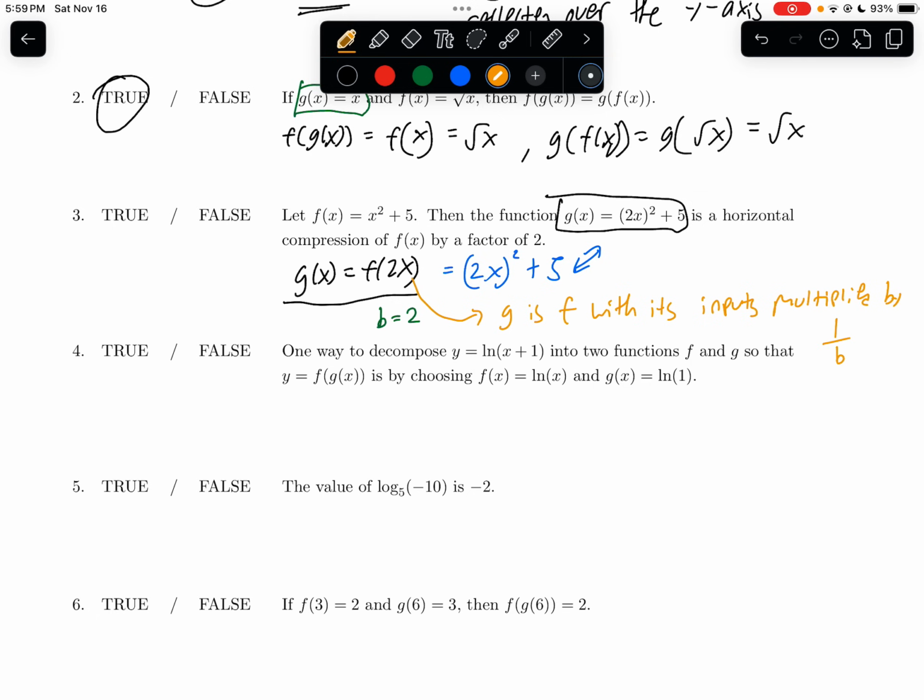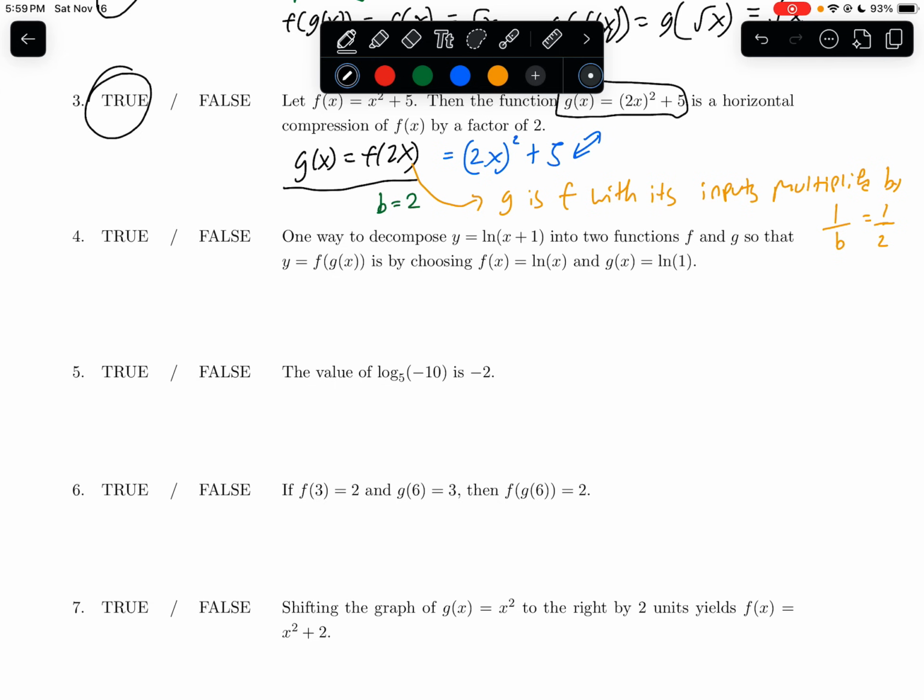We flip it when we have this here. So if I consider f and I multiply all of its inputs by 1 over b, and here this is 1 over 2, so 1/2, then the function will be compressed. And so the answer is yes.